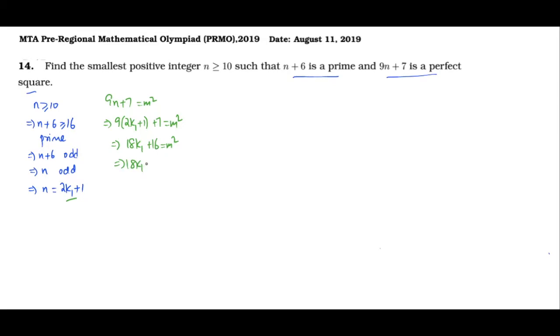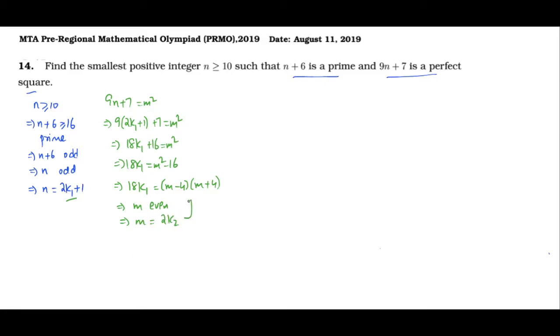or 18k1 is equal to m square minus 16, or 18k1 is equal to m minus 4 into m plus 4. Here the left hand side is even, so the right hand side also should be even. Therefore m has to be even. Let m be equal to some 2k2.